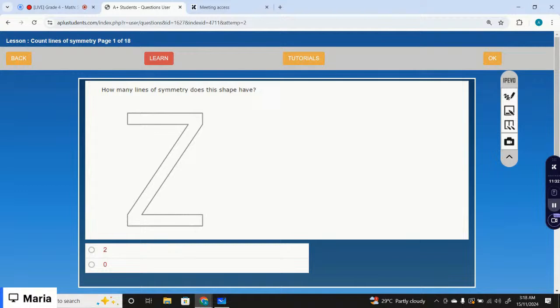Which is the correct option? The correct option is zero lines of symmetry, right? The correct option is zero.